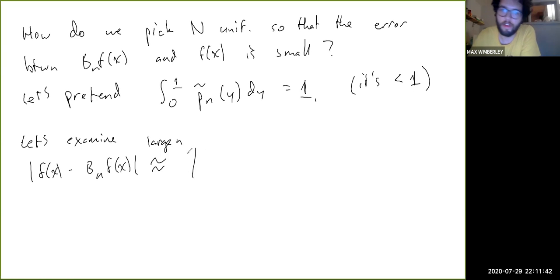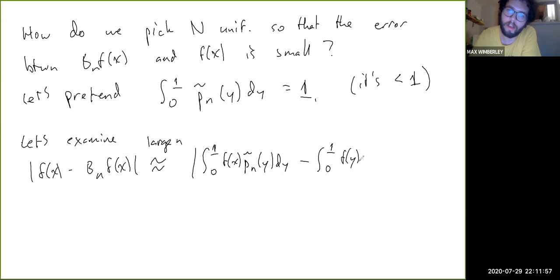So this is approximately the integral from 0 to 1 of f of x Pn tilde of y dy minus the integral from 0 to 1 of f of y Pn tilde of y dy. Okay, and the reason for this is what we were saying.